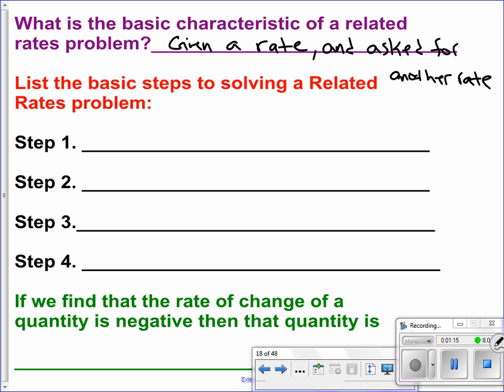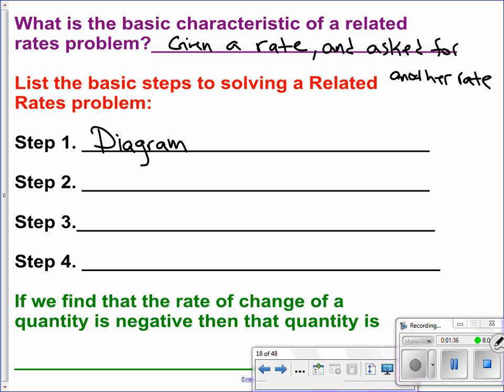Yeah, you want to draw a diagram. And what else do you want to do when you draw it? When you draw that diagram, you label. You have to label any length that's changing with a variable and any length that's not changing with a number, with a constant.